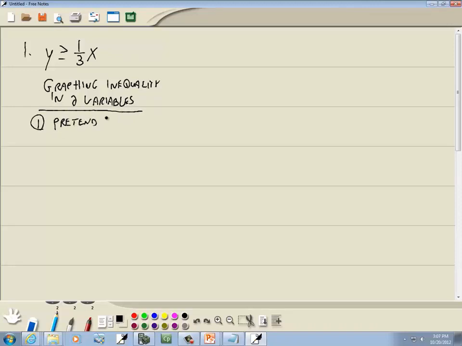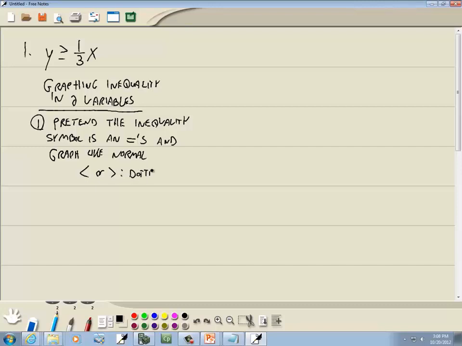Pretend the inequality symbol is an equals and graph like normal, with the exception that if you have a less than or greater than, it's going to be a dotted line. If you have a less than or equal to or greater than or equal to, it'll be a solid line.